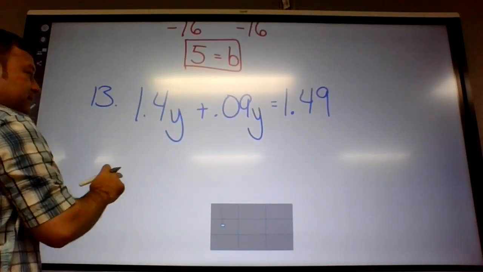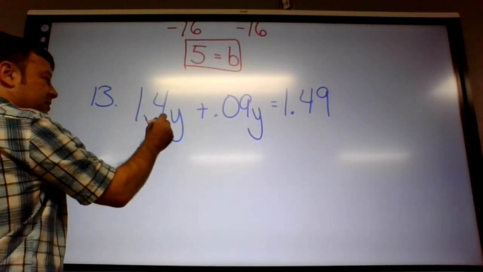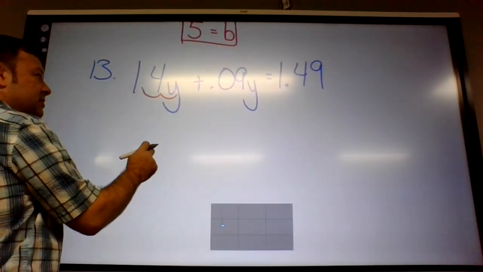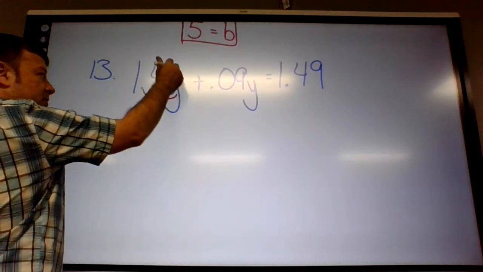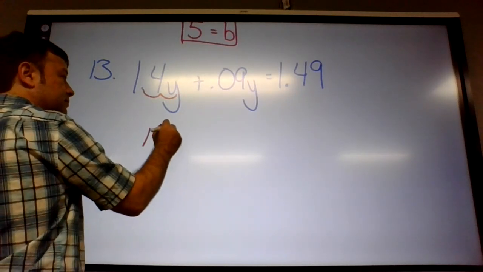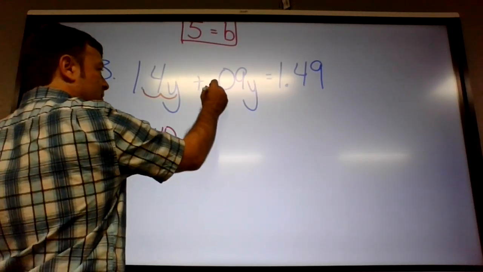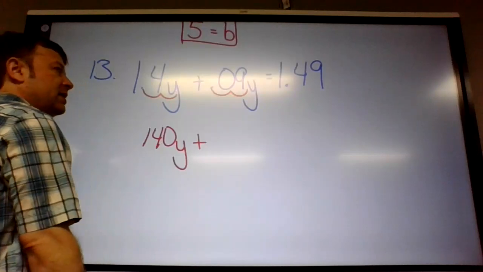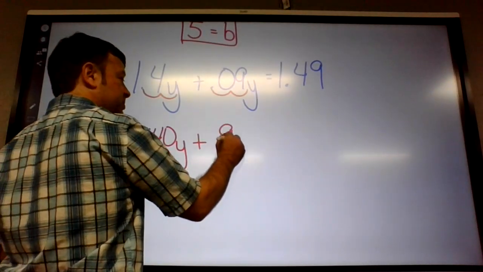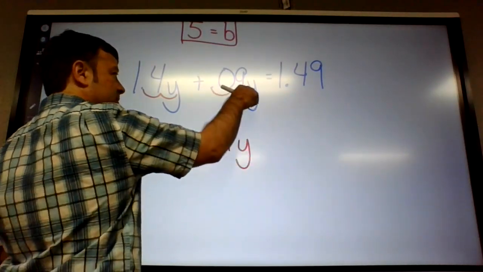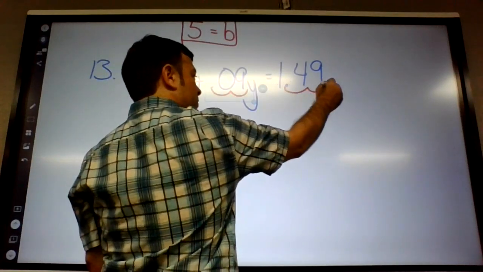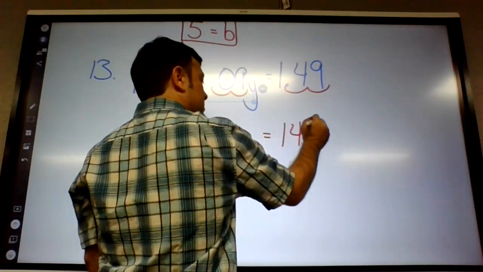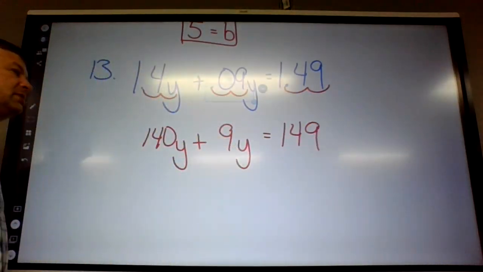So, if I move this decimal place twice, it goes from 1.4 to 140. This goes from 0.09 to 9. If the decimal's at the end, it's just a whole number. 9y. And this goes from 1.49 to 149.